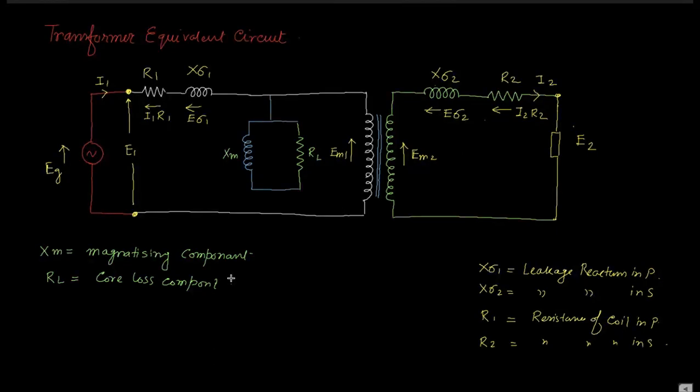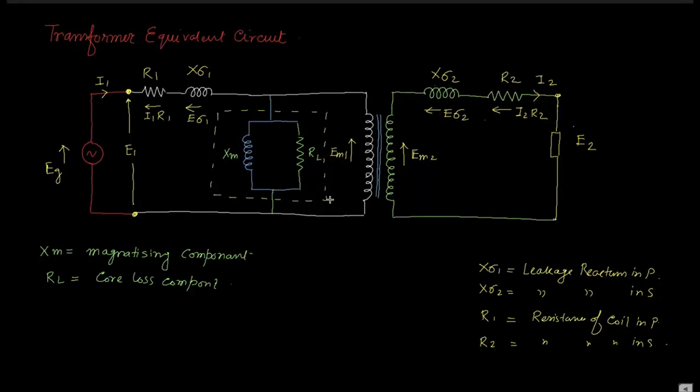From where do these two, XM and RL, come? These two are nothing but the equivalent circuit of the transformer core, because the core is also made of CRGO, some ferromagnetic material, that has some finite resistance. If phi is flowing through that core, then there must be some eddy current loss and some hysteresis loss.